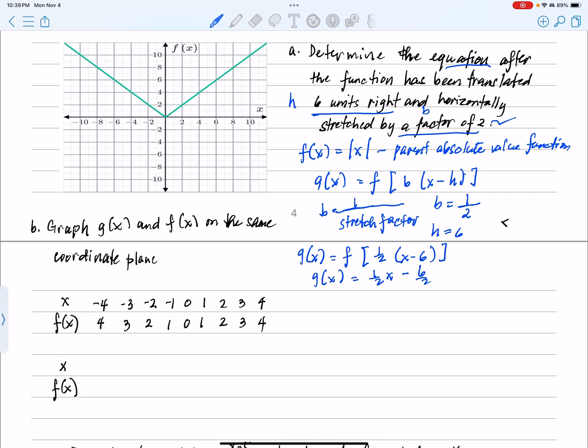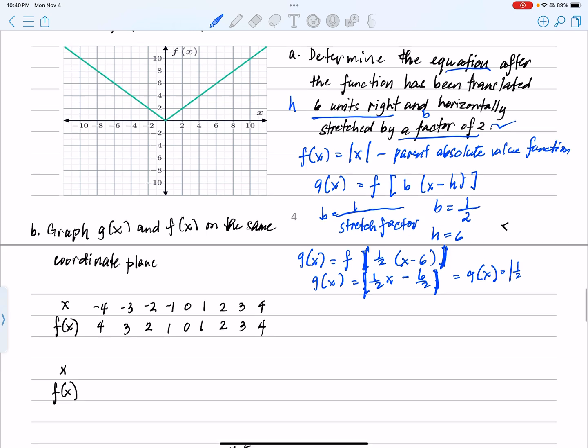That would become what? g of x would be the absolute value of 1/2 x, and 6 over 2 is 3. You have this as the equation with the absolute value sign.